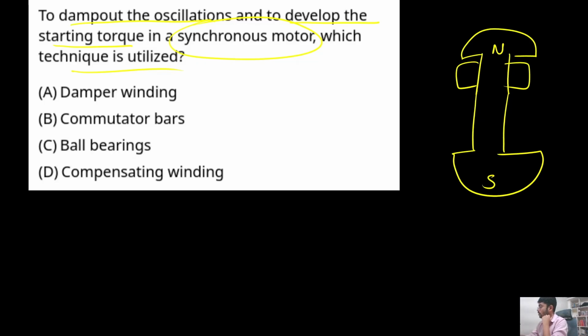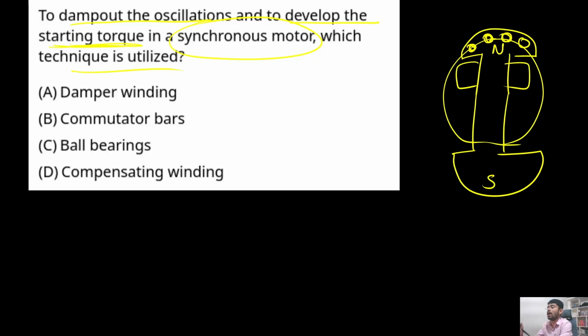So what happens is, to give it a proper starting torque, bars are placed in the pole face. These bars are short circuited with an end ring. So it acts as a squirrel cage rotor at starting. An EMF will be induced, it will cause eddy currents to flow, and it will produce a starting torque.